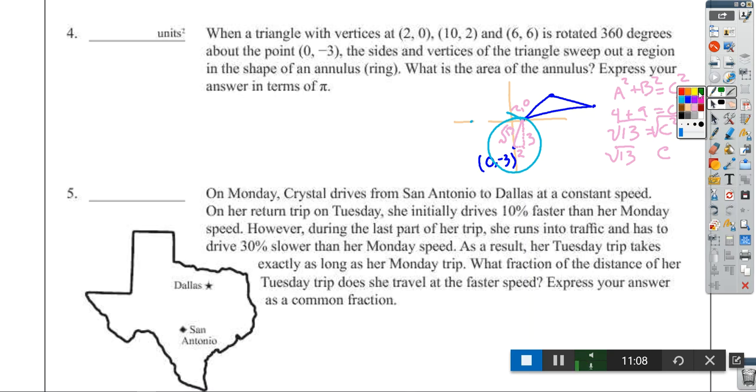Now I need to find this distance here, and I'll do the same thing with the Pythagorean theorem. From 0 to 10 is 10. From -3 to 2 is 5.